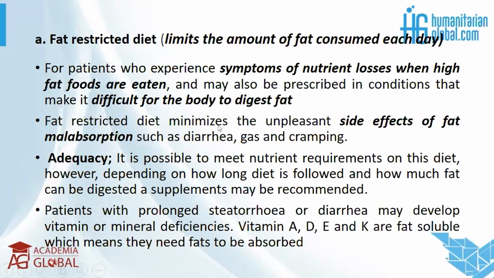Fat restricted diets minimize the unpleasant side effects of fat malabsorption, such as diarrhea, gas, and cramping. When you are not able to digest fat, one of the symptoms is diarrhea and a lot of gas and cramping.